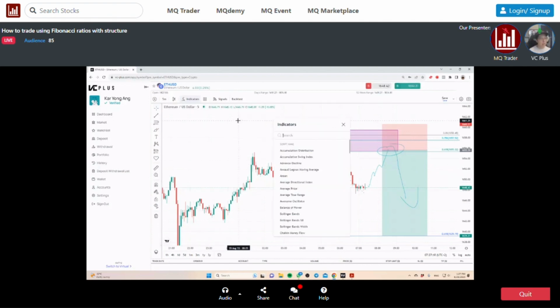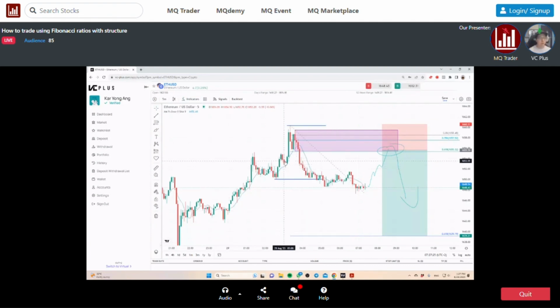So today, if you add in a moving average over here, it's a little bit redundant. Why? Because the primary function of a moving average is to tell you the trend. But we already have the principle of break of structure, higher high, higher low, lower low, lower high to help us determine bullish or bearish, right? So adding in a moving average doesn't really add value to it, but it may cause confusion, or I may say it may cause conflicting signals at times.